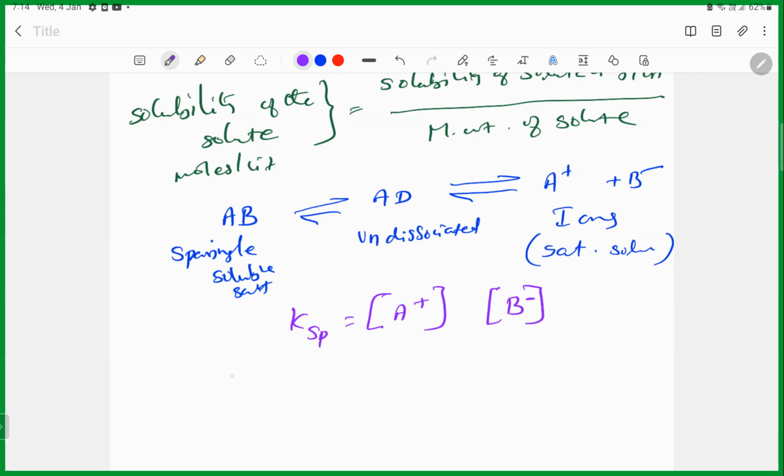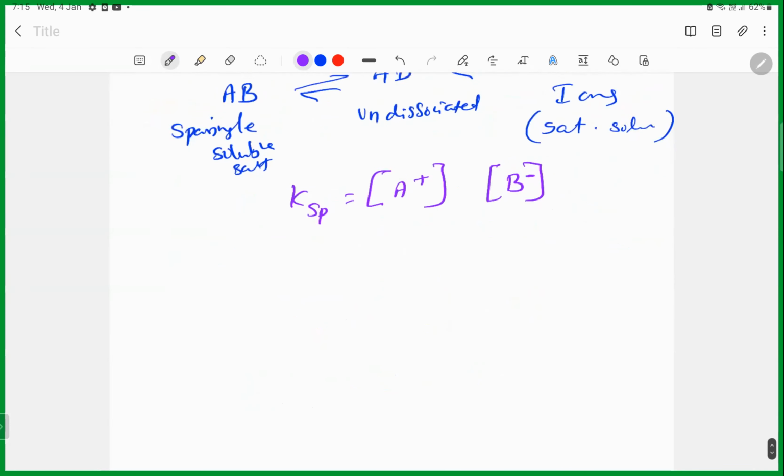So when you have salt A X B Y, when it ionizes, it gives X moles of A plus. We don't need this way, easy methods.